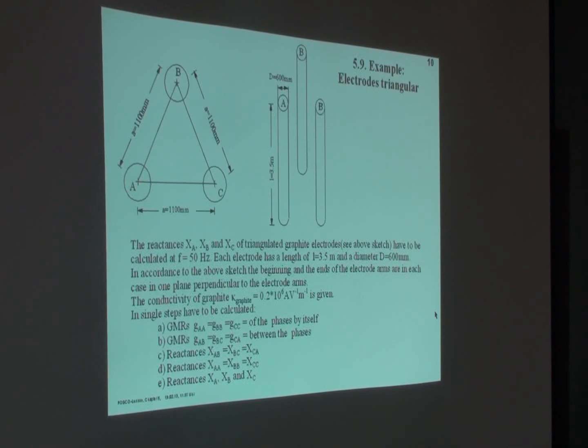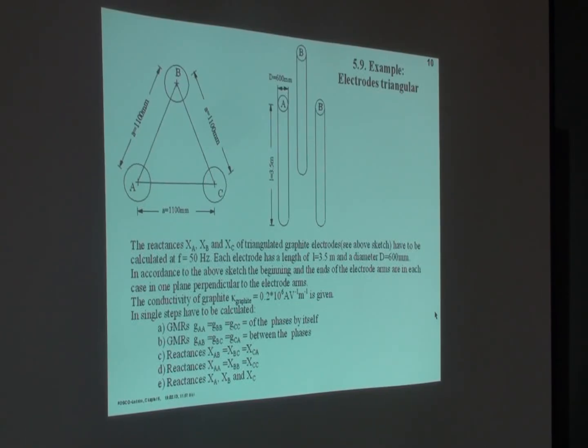And what is R1? 300 millimeters minus 159 millimeters. R1 is 141 millimeters.